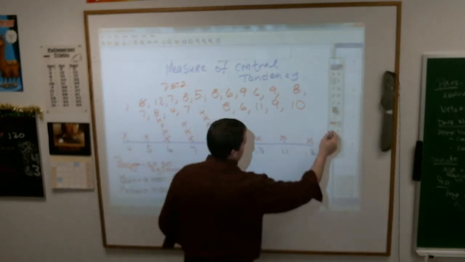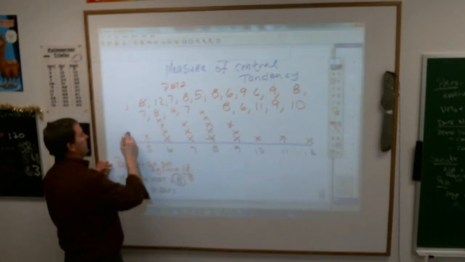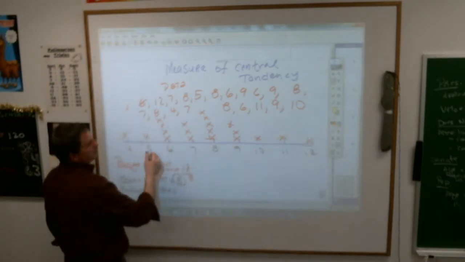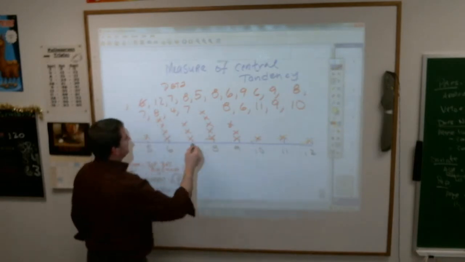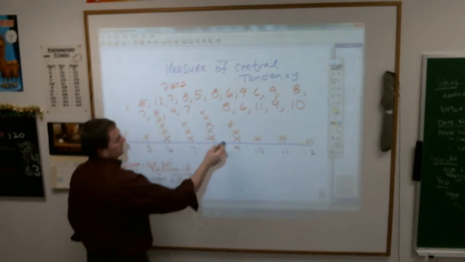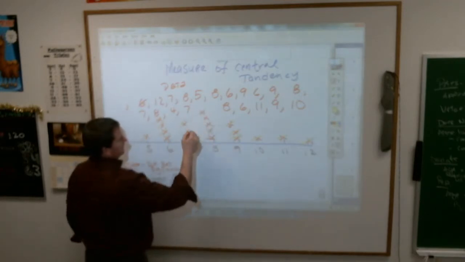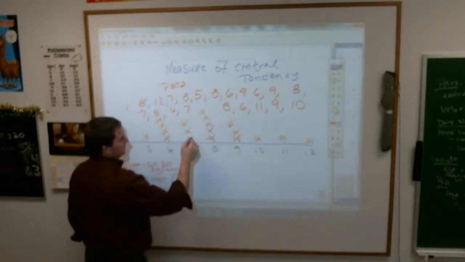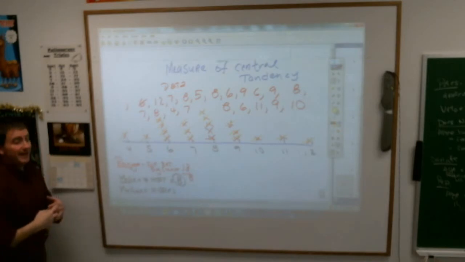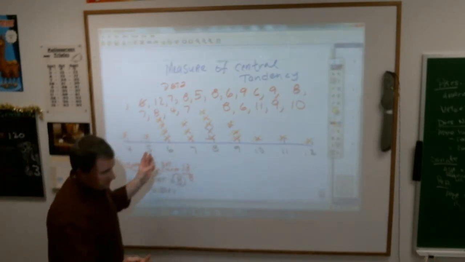Start at the ends, cross off the next highest, the next lowest, and so on, and I'm left with these two, which are both 8s. So the middle number has to be an 8. Now, I don't know if that's the way you do it.